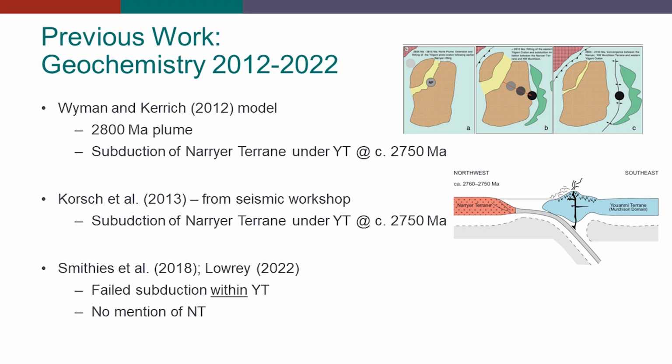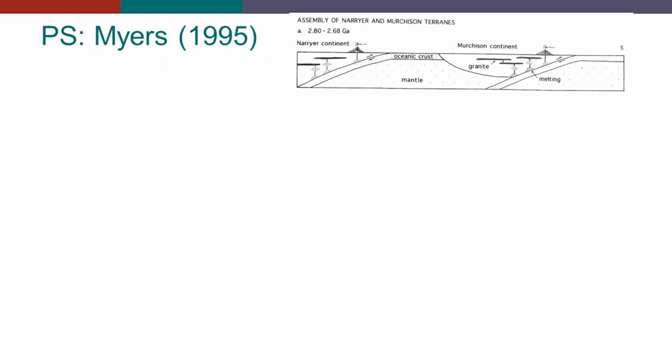In fact, there's not necessarily a need to mention the Narrier terrane because the subduction may have occurred within the Youanmi Terrane. And it may have all come from original studies by Myers that show, probably from his Greenland experience, that multiple modern-style subductions were possible during the Archean. So these are the kinds of models that we're dealing with.